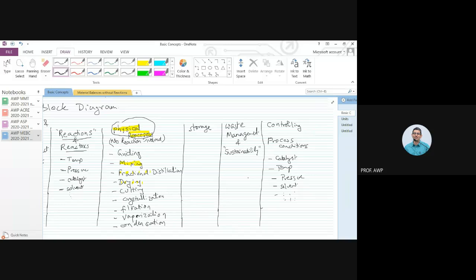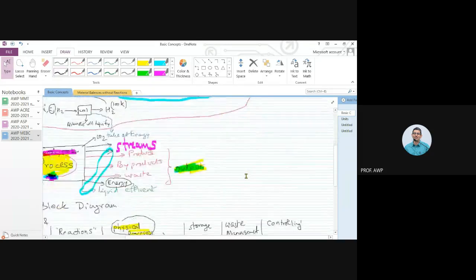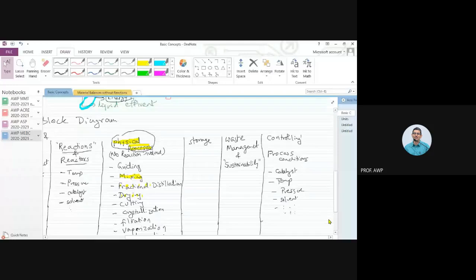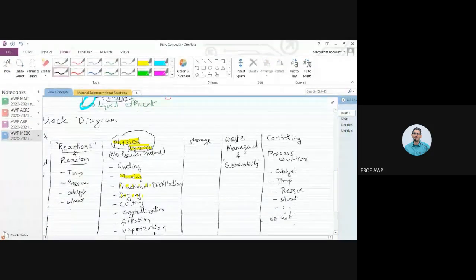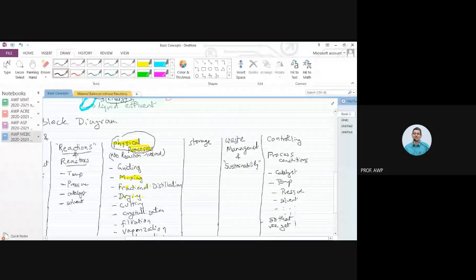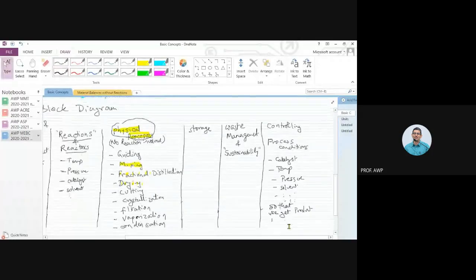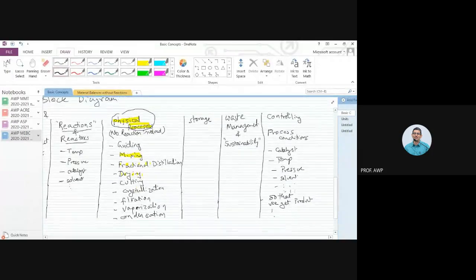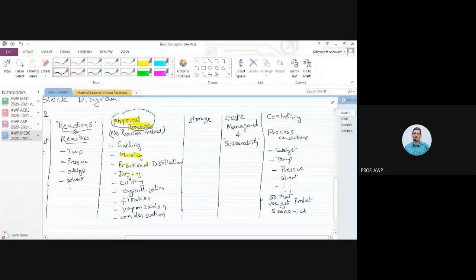So don't you think the common feature in all these processes is controlling process conditions, so that we get our product properly? And rather than using the word properly, I will say I will make the process or the product economically attractive.